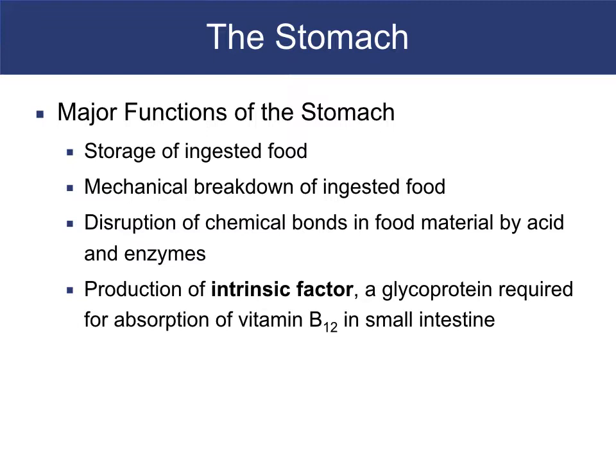Now, if you don't have any intrinsic factor, and you can't absorb any vitamin B12, we call that pernicious anemia, and people can get very anemic from that. So you need to know intrinsic factor, pernicious anemia, stomach.